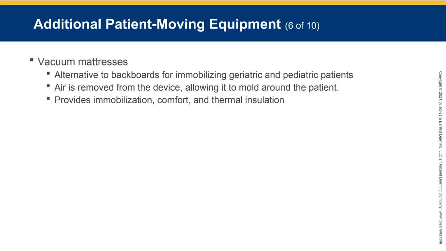All right, now the vacuum mattress. Pretty useful device. Definitely useful for your geriatric and pediatric patients. We don't want to put these patients on rigid backboards. The vacuum mattress is a better option because it conforms to their body and puts less pressure on their skin.